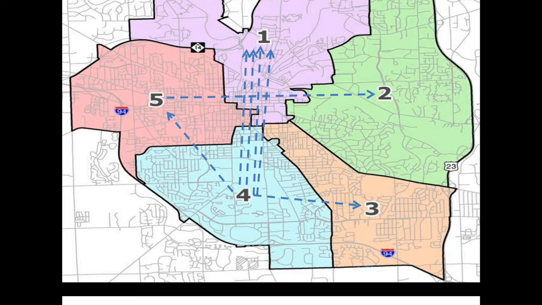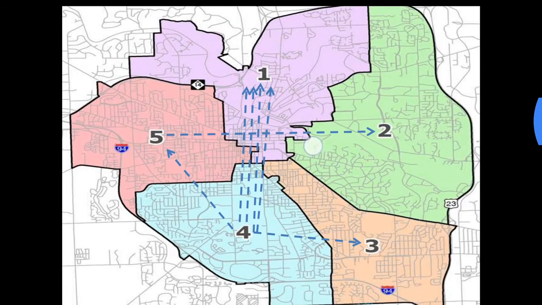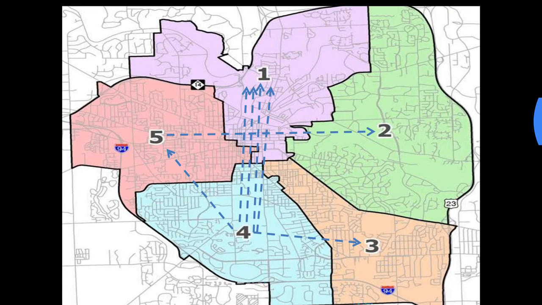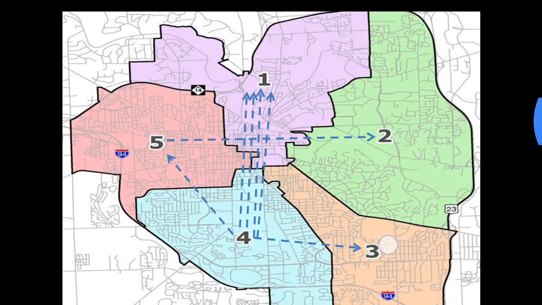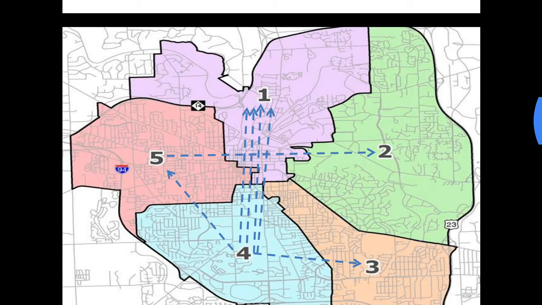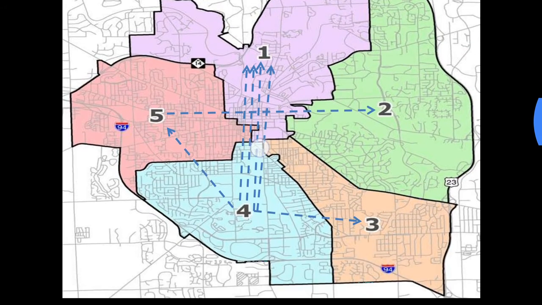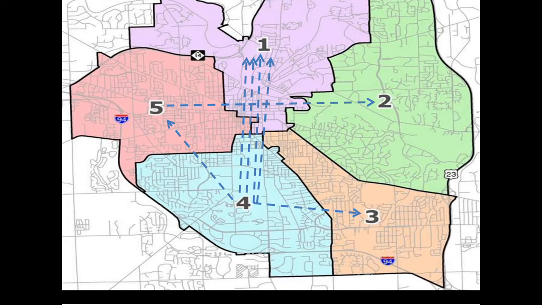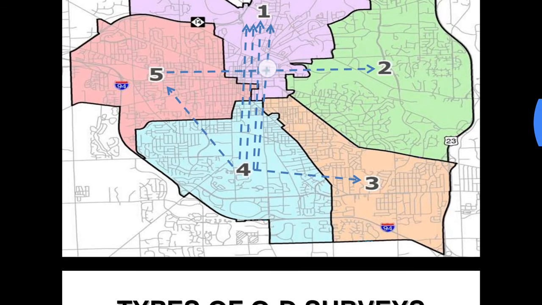Here is an example. You can see that there is one trip between 5 and 2, one trip between 4 and 5, one trip between 4 and 3, and there are four trips between 4 and 1. As the number of trips increases, the number of lines will also increase.